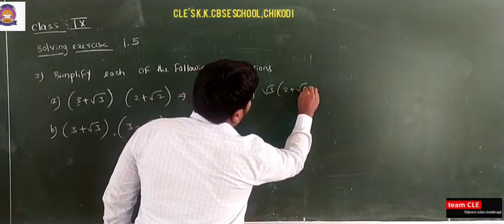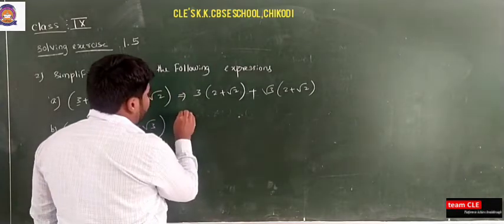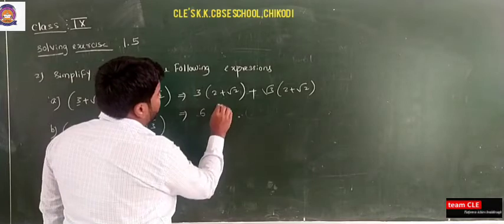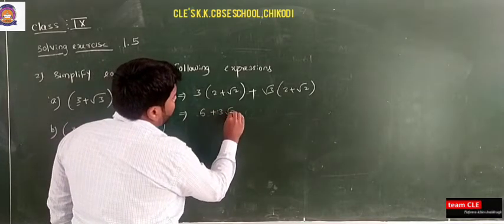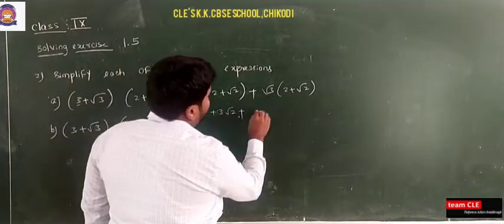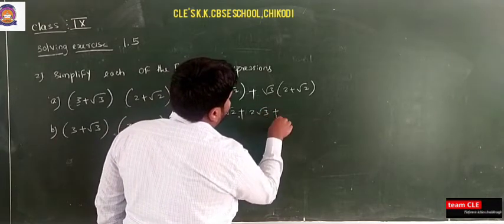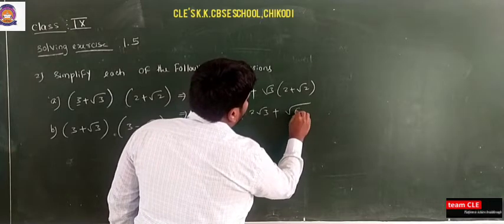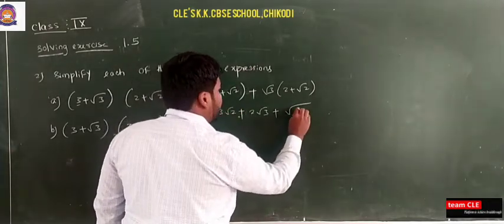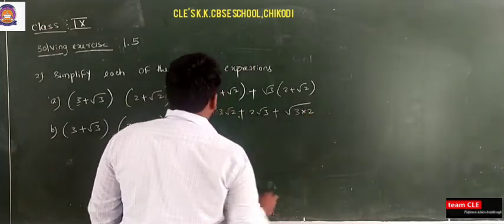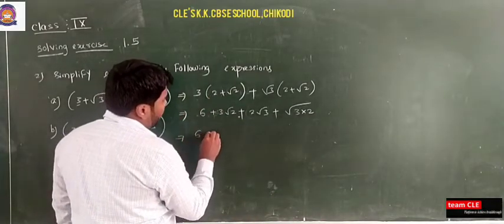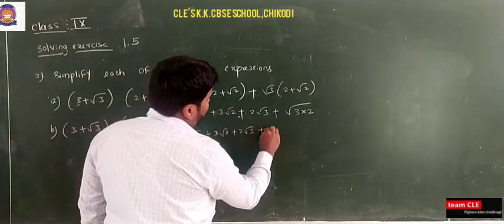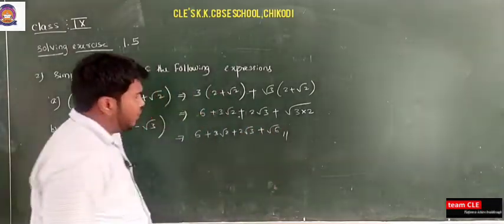Now we can solve this. 3 into 2 equals 6. 3 into root 2, you can write as 3 root 2. Next, 2 into root 3, plus root 3 into root 2, which is root 6. So you can write this as 6 plus 3 root 2 plus 2 root 3 plus root 6. This is your required answer.